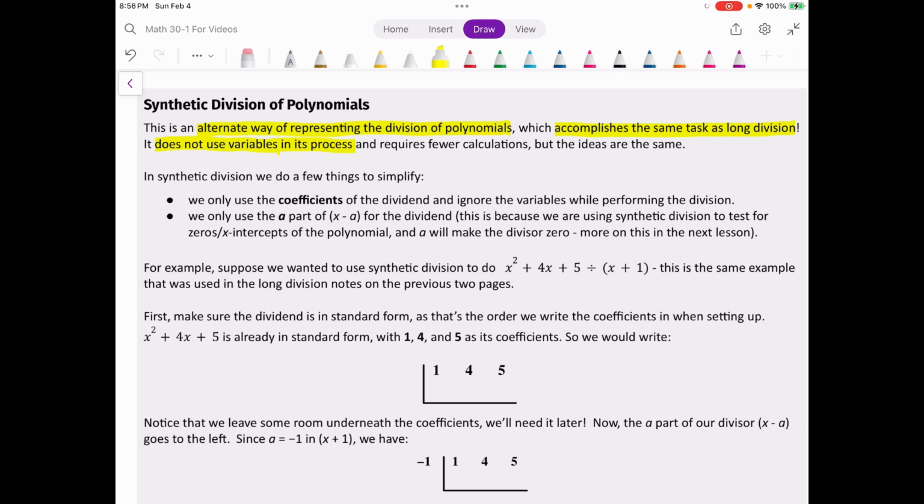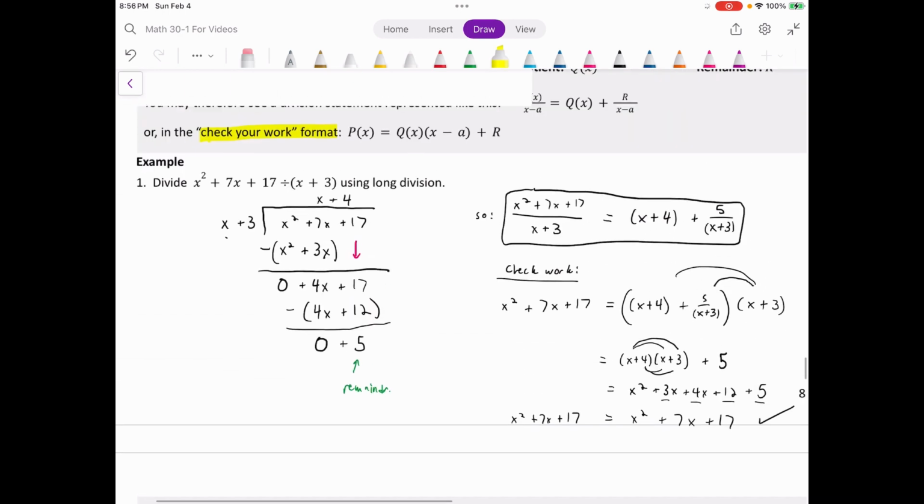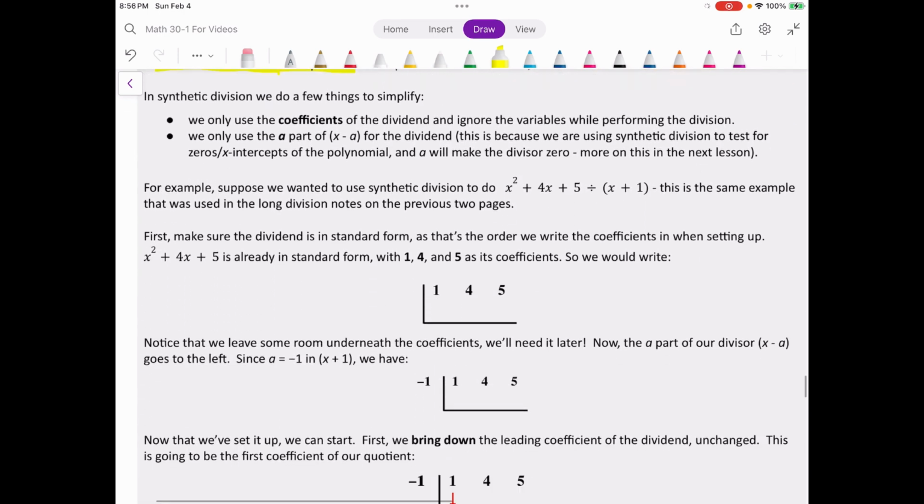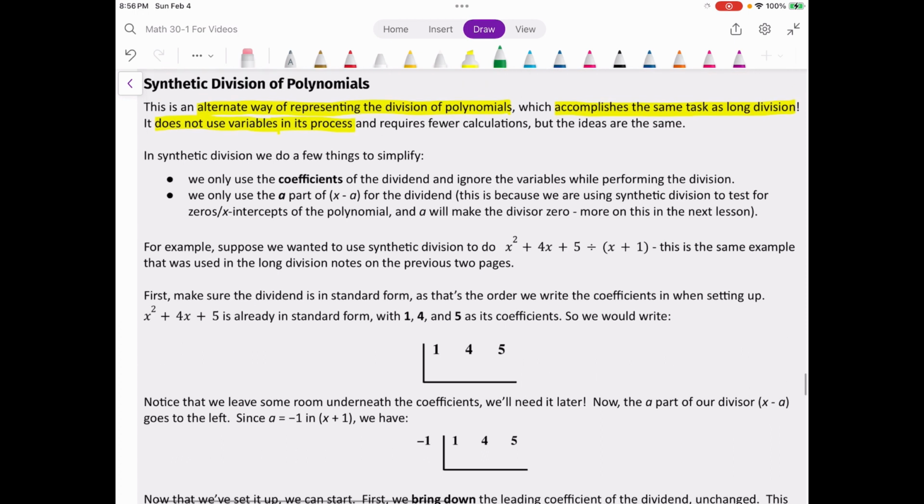Now the trade-off there is we do have to represent stuff in a simplified way and understand what it means still at the end, whereas for long division, not so much. Like we still know obviously that this is a 4x and this is a 17. You can see for synthetic division, we're going to have to apply that meaning back to it when we're done, okay? But we do a few things to simplify.